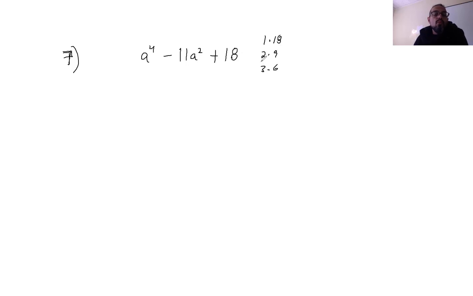What do these numbers need to do? They need to add to -11. Which ones do that for us? 2 and 9. The difference though, a to the 4th, I'm going to put a squared here and a squared here. The numbers that add to make 11 were 2 and 9. We have to make -11, so -2 and -9.